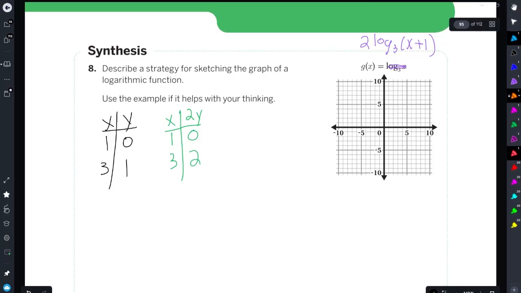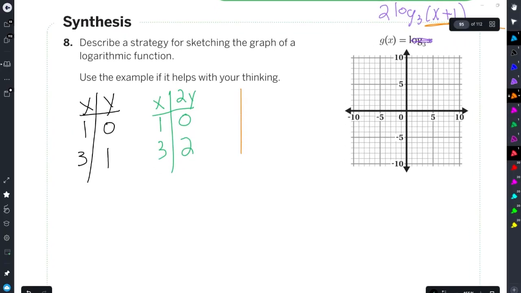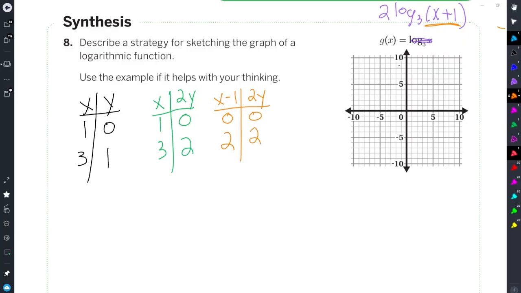And then this x minus 1 means I'm going to take all the y values and subtract 1 from them. So 0, and then 2, and the y values stay the same. Our vertical asymptote is going to be at x equals -1. So I'm going to draw that in.